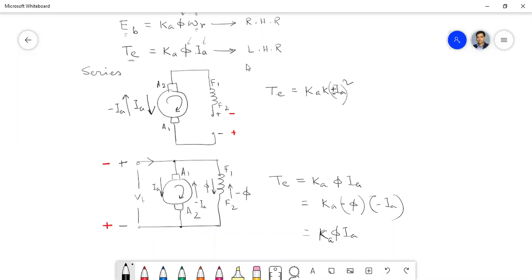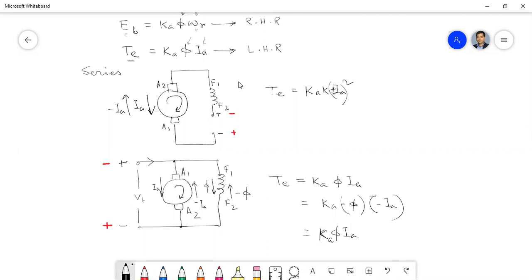Now when you stretch the three fingers of your left hand, it shows a certain direction of the thumb. For the supply polarity change I have shown, both the flux and the direction of the current change. That means you have to reverse the direction of the index finger and the middle finger.